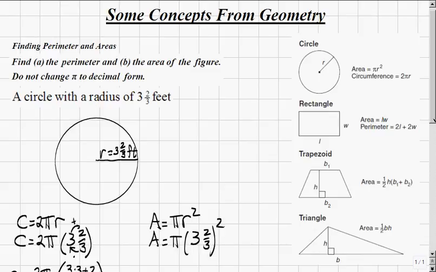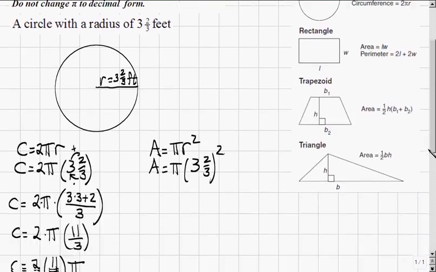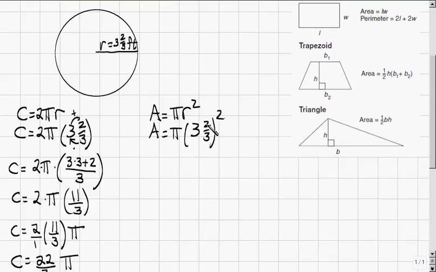And again, for us to find this answer nicely, let's convert 3 2/3 into an improper fraction. Since we've already done it, 3 2/3 worked out to 11/3. So area equals pi times 11/3 squared. We'll next figure out what 11/3 squared is and write our pi symbol at the very end of our answer.